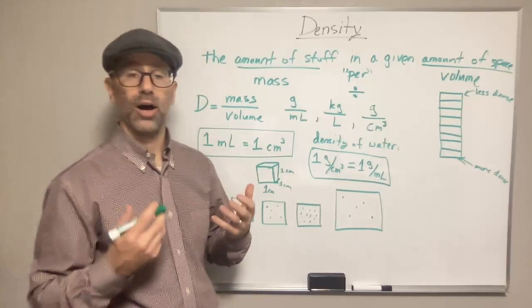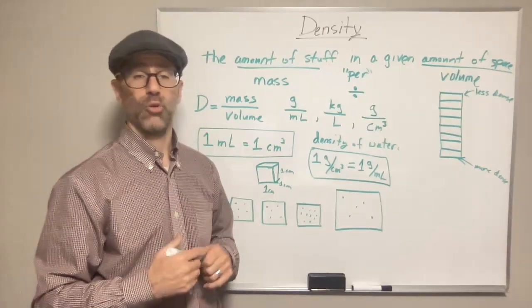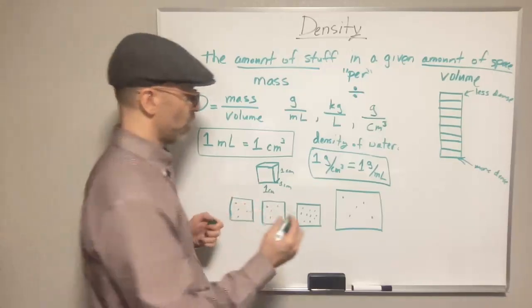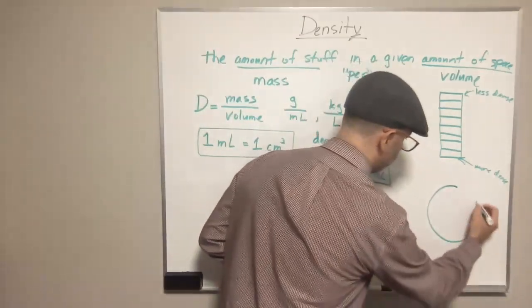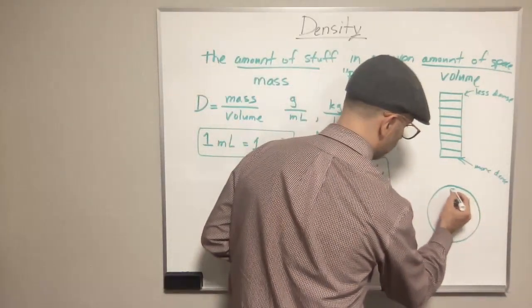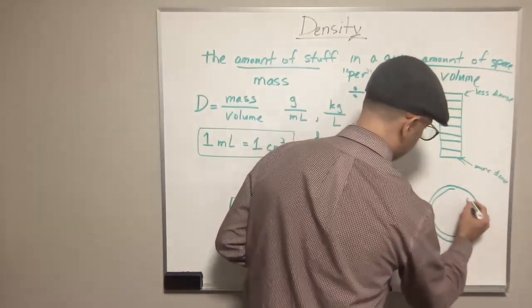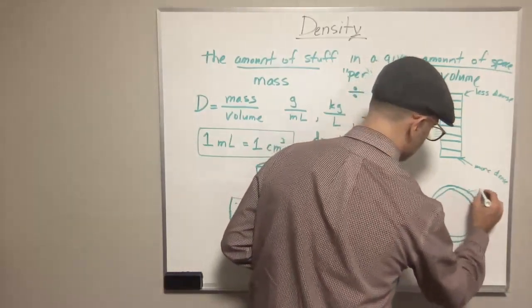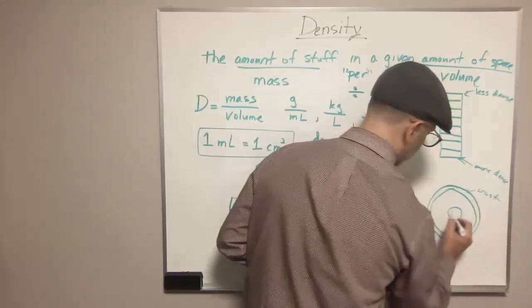You also know of density with regard to solids, right? So we know the earth. If you think back to your earth science classes, you know that the earth is made up of generally 3 main layers. You've got the crust, and then you've got the mantle and the core.